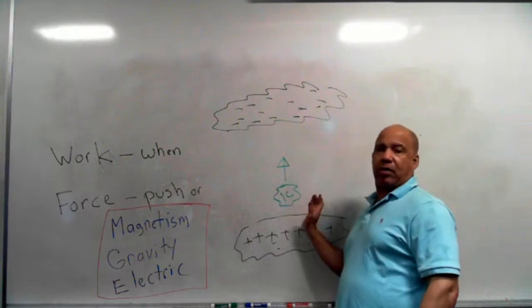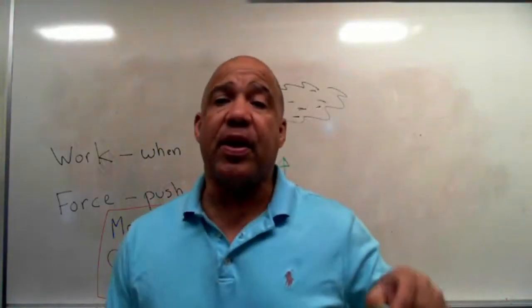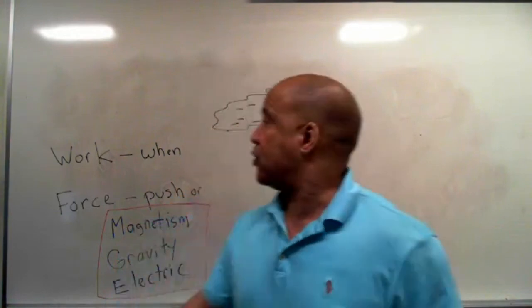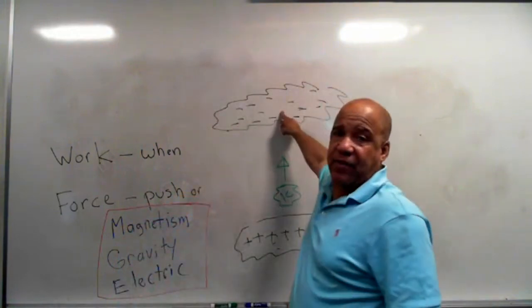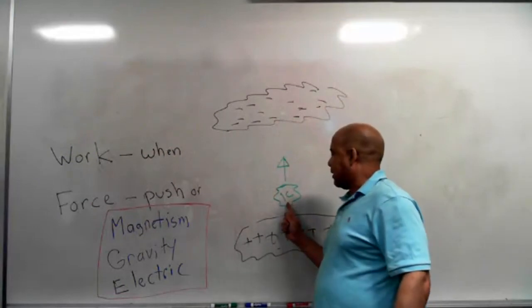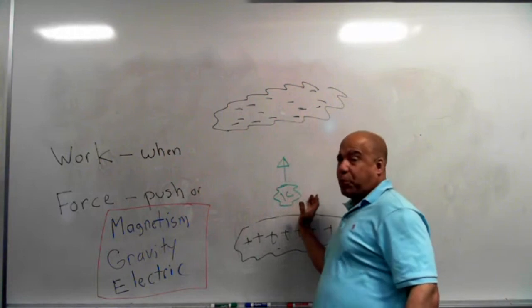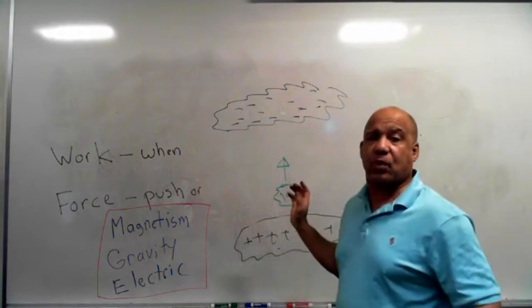So that means I got to do work. Now, this is going to be real hard because, you know, like charges do what? Like charges repel. So I got a bunch of electrons right here that have a negative charge. I got electrons I'm trying to move towards the negative. So I'm going to have to really push really hard because like charges repel.